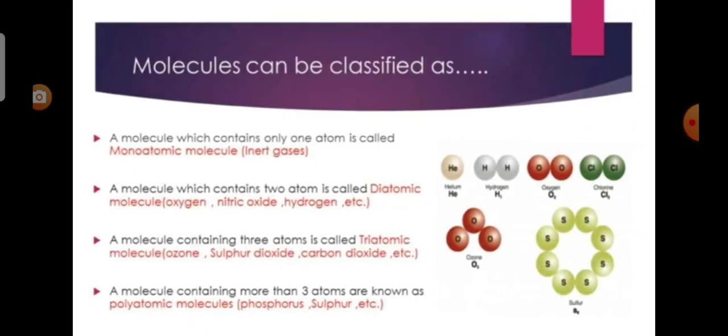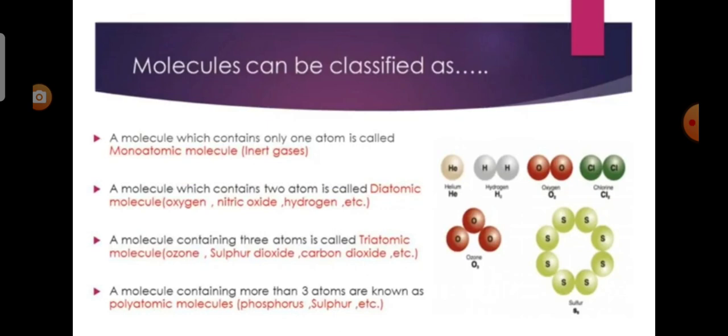Now we see how molecules can be classified as follows. A molecule which contains only one atom is called a monoatomic molecule. The inert gases are monoatomic molecules. A molecule which contains two atoms is called a diatomic molecule. Oxygen, nitric oxide, hydrogen are examples of diatomic molecules.